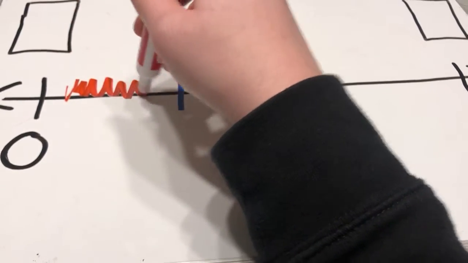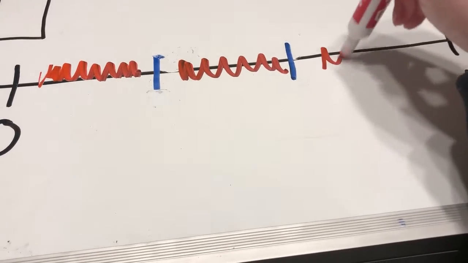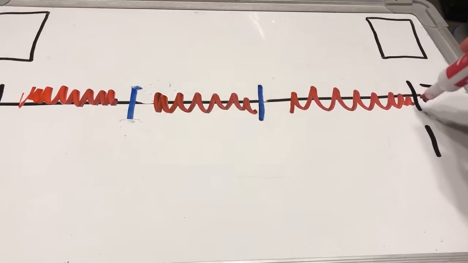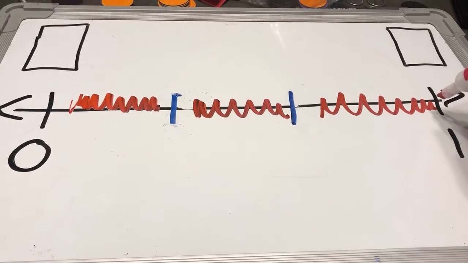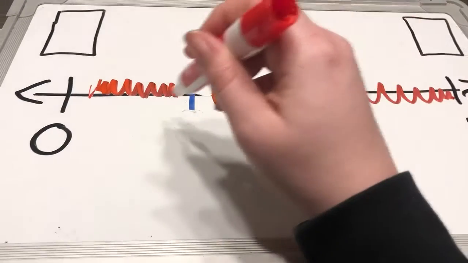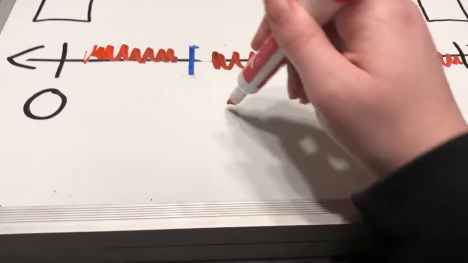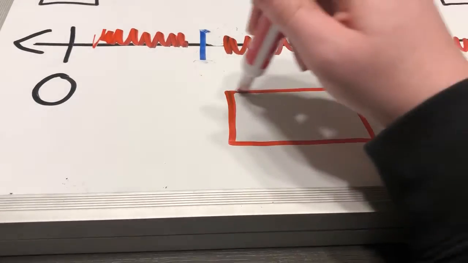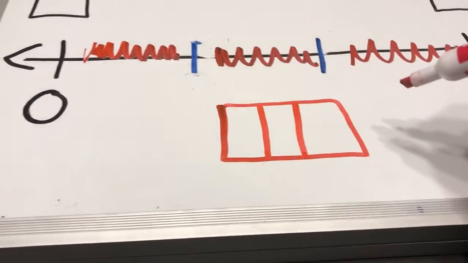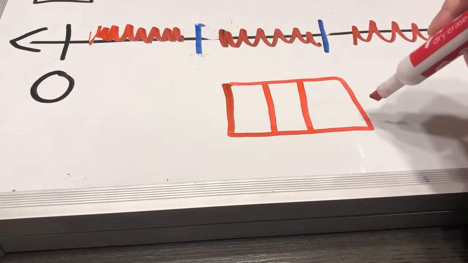This is our first part, 1 part, 2 parts, 3 parts, and I stop because this is where my last line is. This is my end point on my line. So we have 3 parts in our whole. If our whole was a box, it would be split like this, 3 parts.